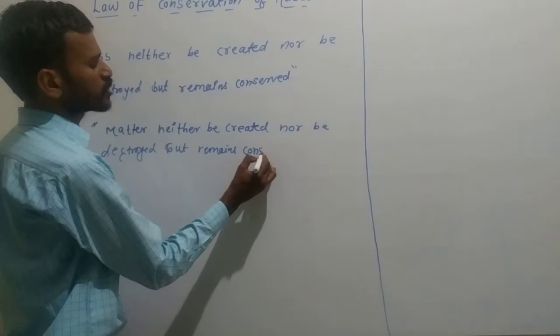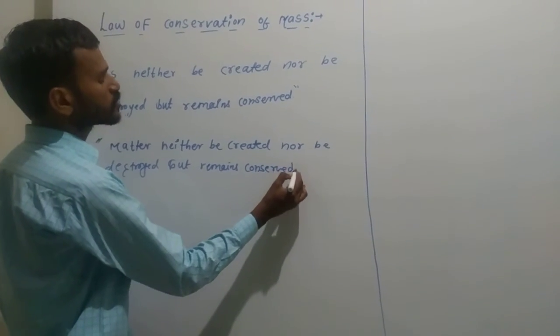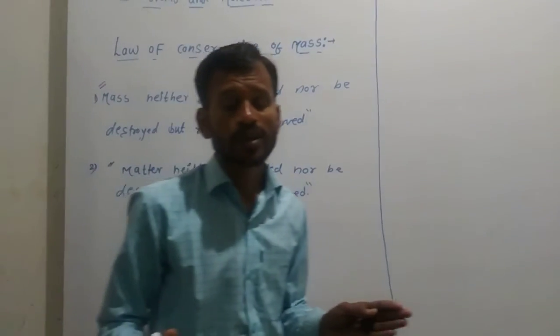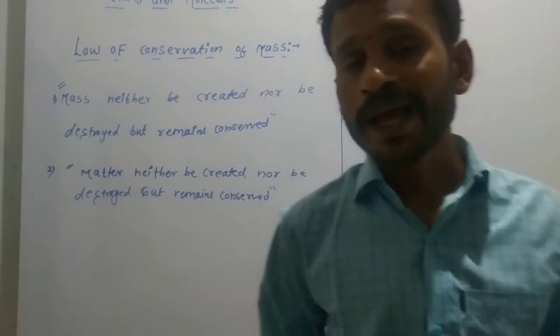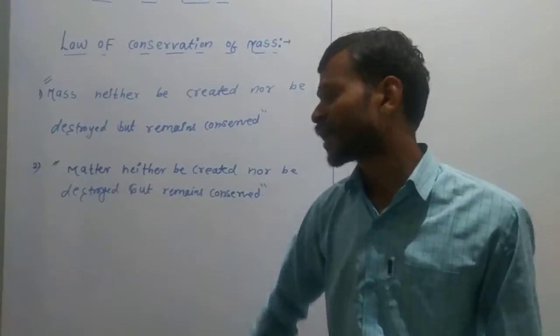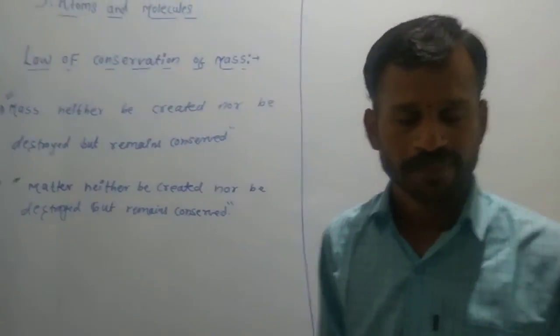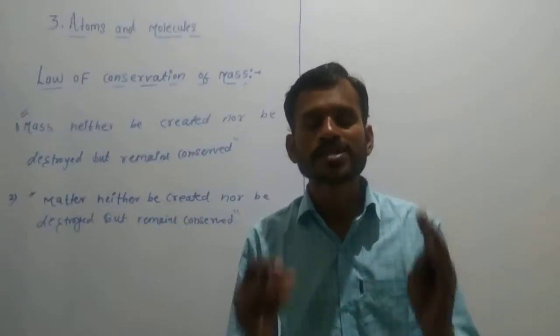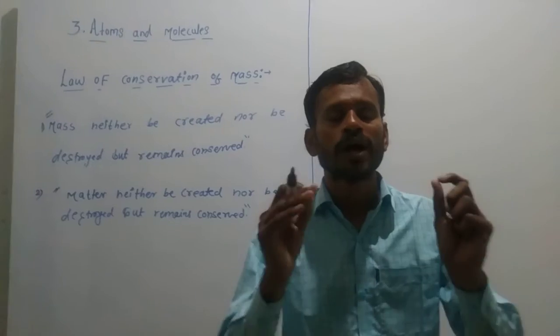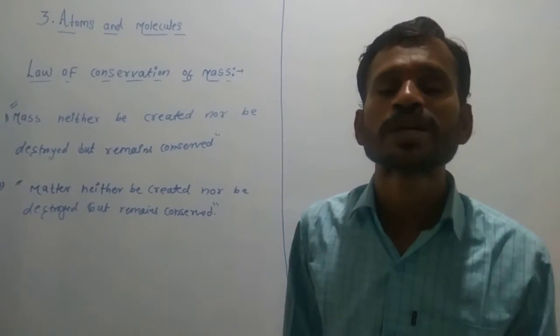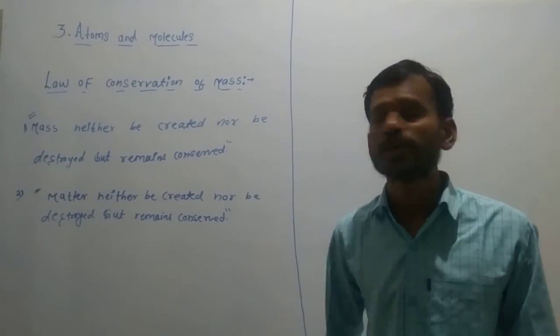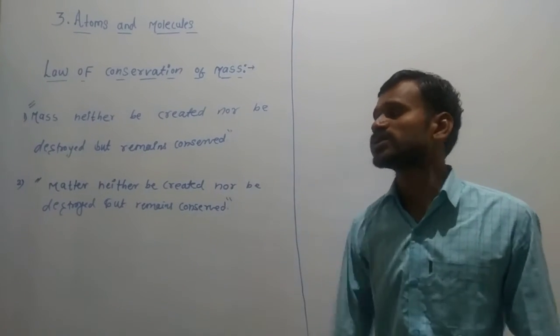In place of mass, we can simply use the word matter. Matter can neither be created nor be destroyed. Matter is always constant. This is a statement of the law of conservation of mass.